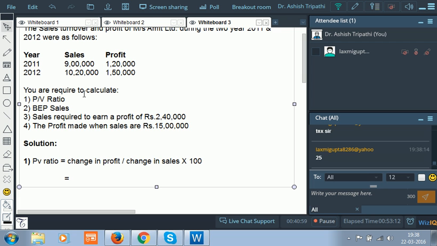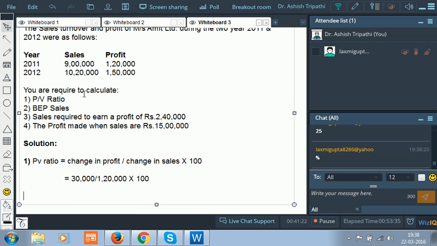So if we calculate this, change in profit is 30,000 upon change in sales, which is 1,20,000, into 100.